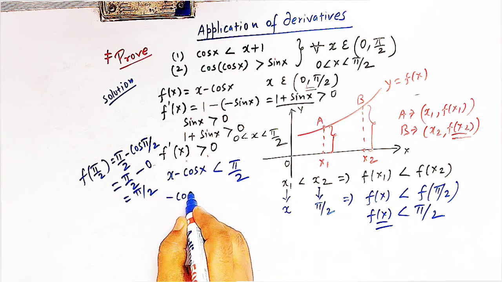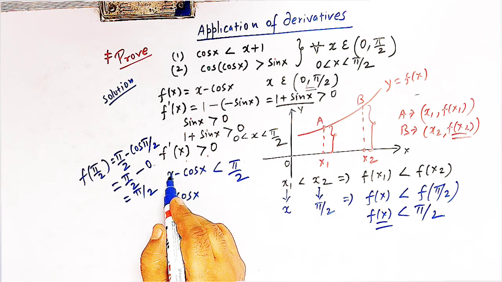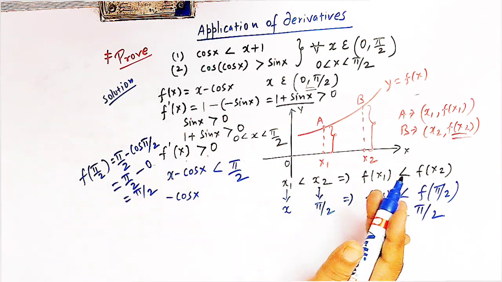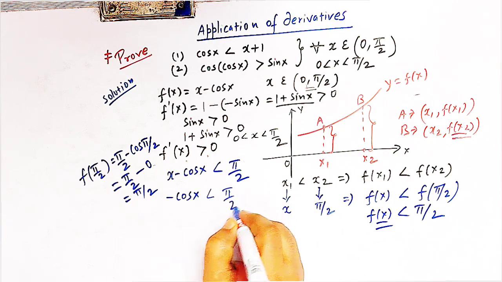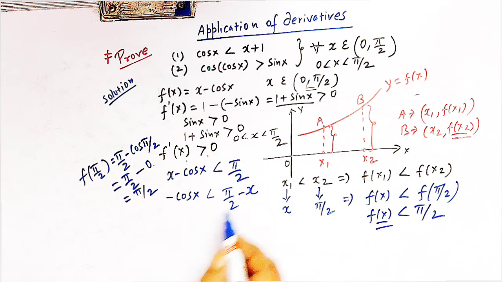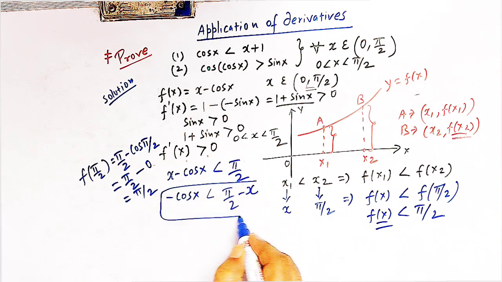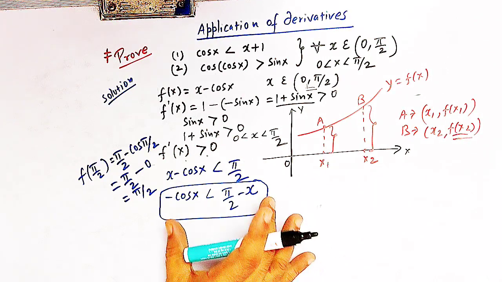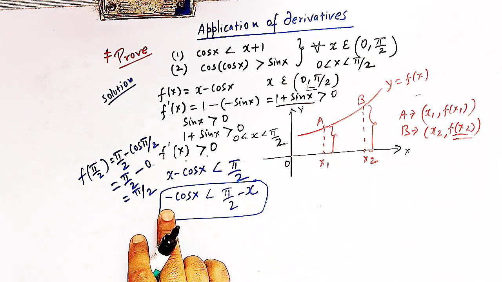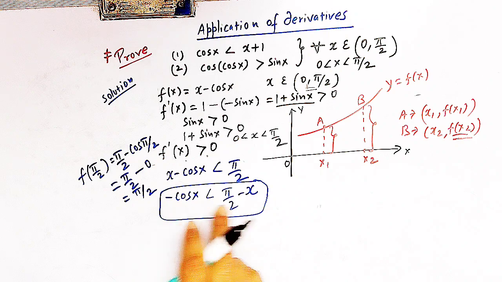We can now write minus cos x, and take this x to the right hand side. We have pi by 2 minus x. Now we have this important inequality. Let us take the cosine of both sides.